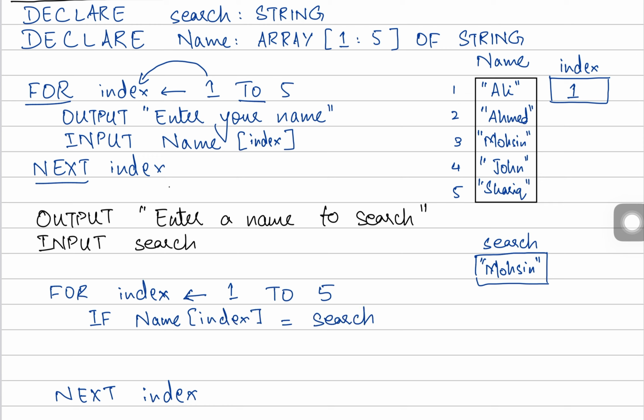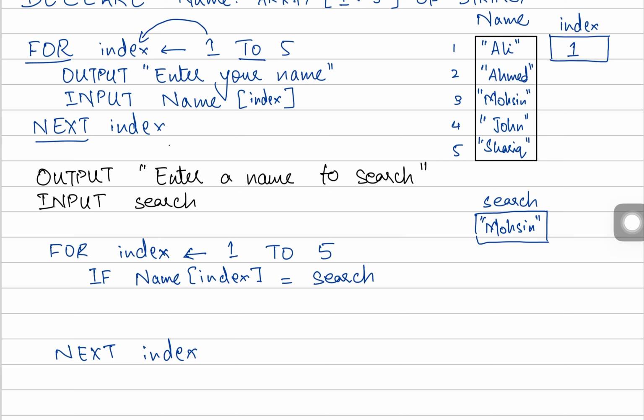When you write it in Python, you write double equals, but in pseudocode, you just write if name of index is equal to search. So when the index value is 1, name of index would be Ali. What I see is name index, but what the computer sees is Ali equal to Mohsen.